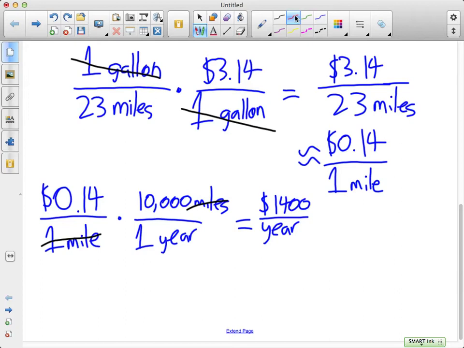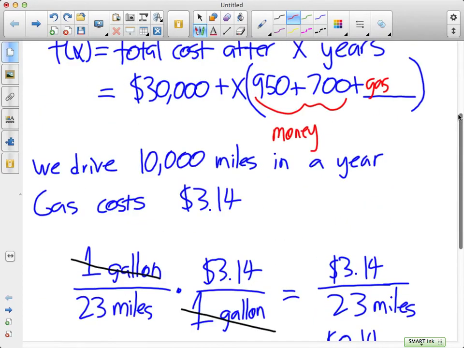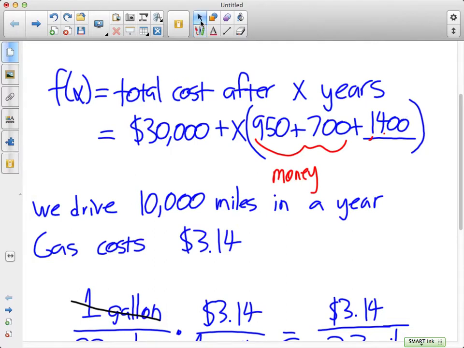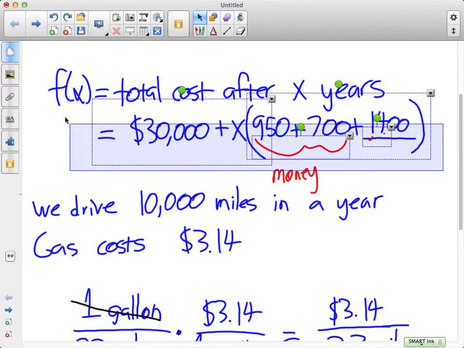So this $1,400 a year in gas is going to go right up here. So this is now 1,400. We figured that out. That's how much I spent on gas. Well, these are all in parentheses, and they're all money, so I can add them up. 1,400 plus 700 plus 950 gives me 3,050. So that's the extra amount I spend on my car in 1 year.